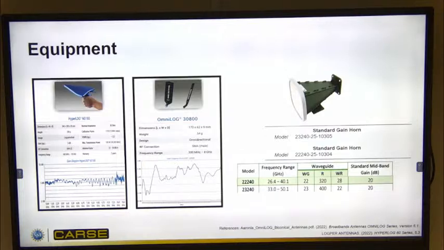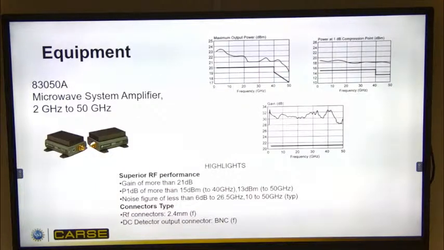It is important to highlight that this one is a log periodic antenna, which means it receives in only one direction, and the OmniLOG with a frequency range from 300 megahertz to 8 gigahertz, and this one is an omnidirectional antenna, which means it radiates in all directions. For all the tests, we use this amplifier, which has an ultra broad bandwidth from 2 to 50 gigahertz.